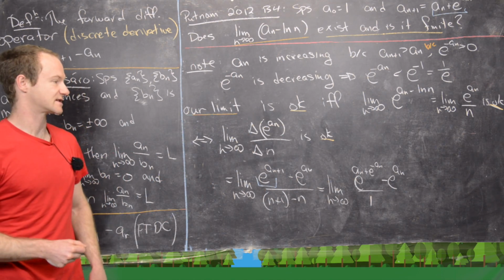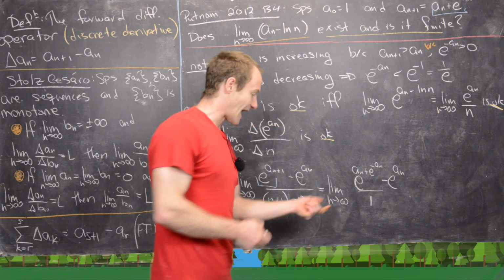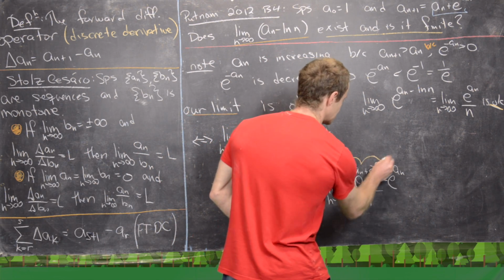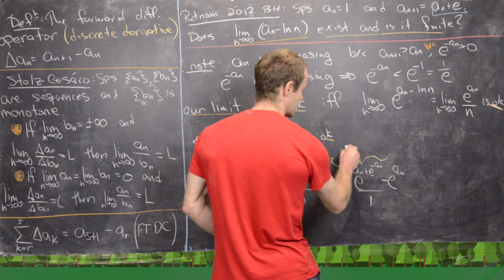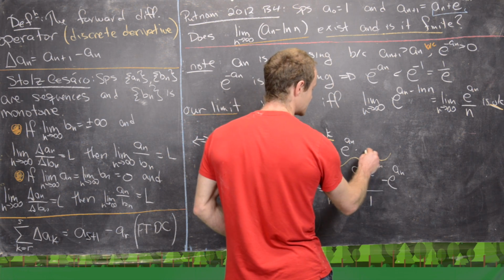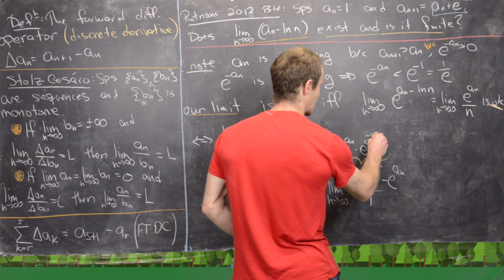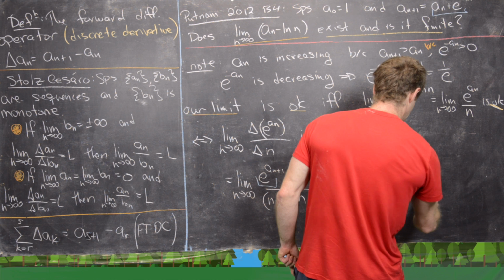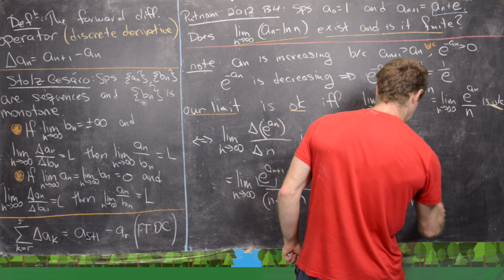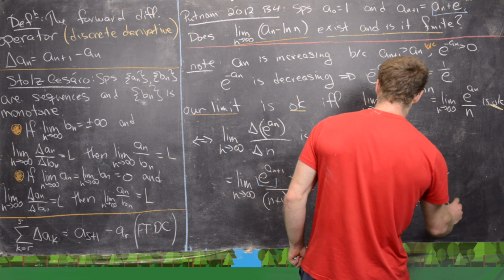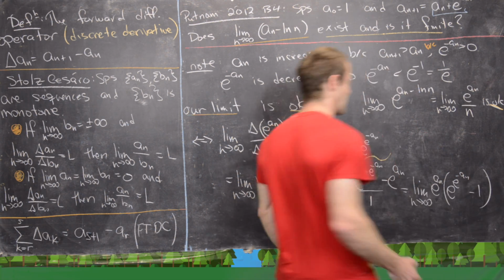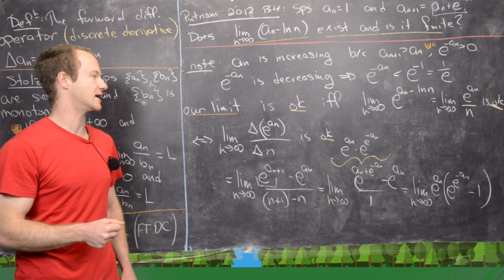Okay. Fantastic. But we can factor this term out, and notice when we factor this, it's actually pretty nice. We can write this as e to the a_n times e to the minus a_n. But that's going to allow us to write this limit as the limit as n goes to infinity of e to the a_n times e to the minus a_n minus 1, after factoring out that e to the a_n.